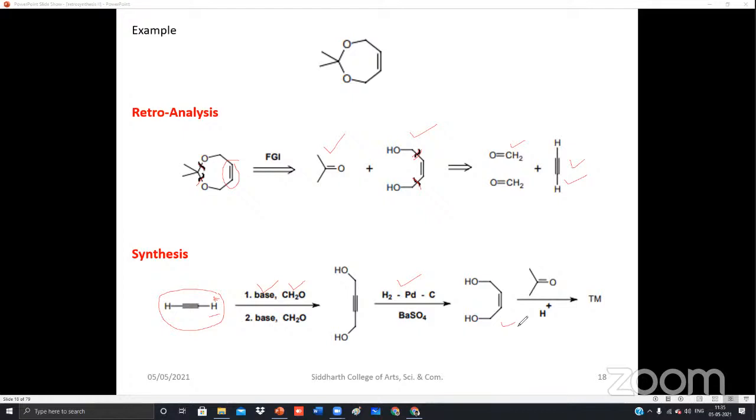We call it stereoselective because you are using a triple bond, you reduce it and you get exclusively a cis product, not a trans. That's why it is stereoselective. And then you protect it. This is just the protection with acetone, and you will get the cyclic acetal type of compound. Okay. Move on to the next.